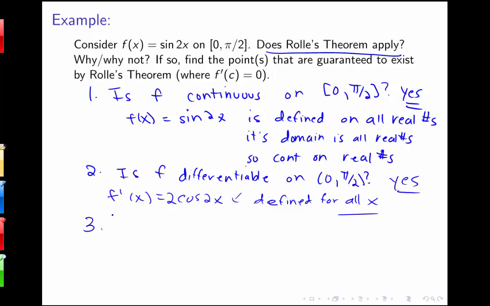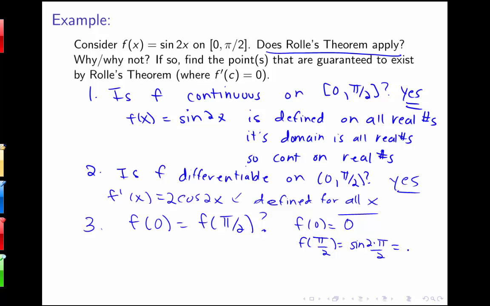So we have the first two conditions being met of Rolle's theorem. So what about the last condition? We want to know, is the y value at our endpoints equal to each other? So we have to compute f of 0. I see that sine of 0 is equal to 0, and f of pi halves is going to give me sine of 2 times pi halves.